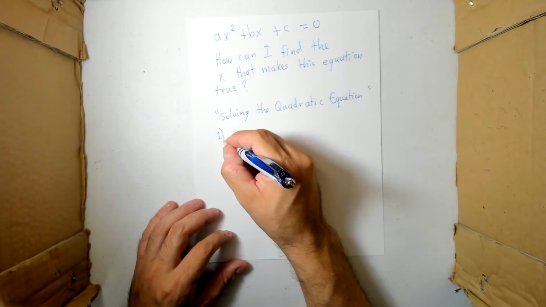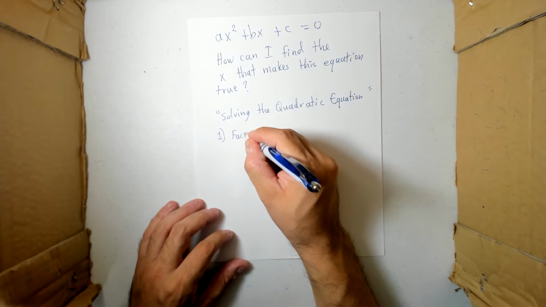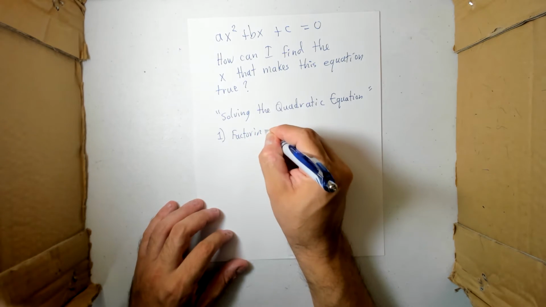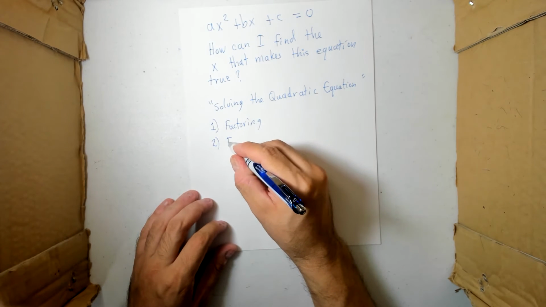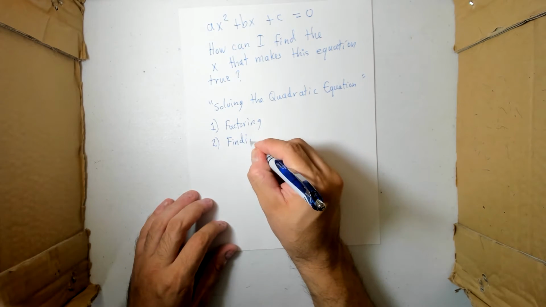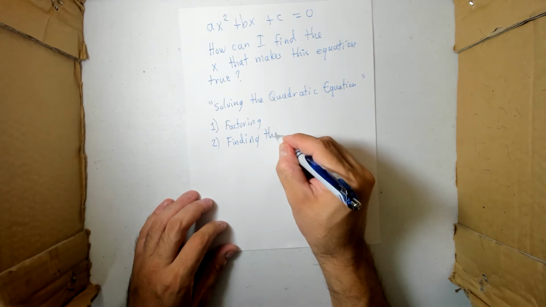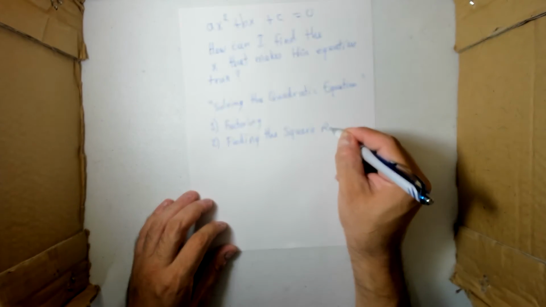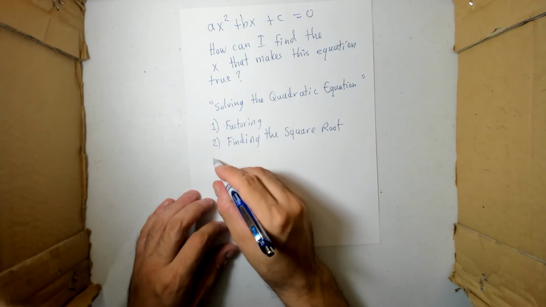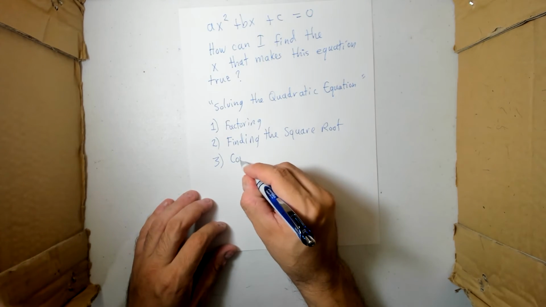One technique that we're going to talk about is factoring. Another technique is finding the square root. Another technique we're going to talk about is completing the square.